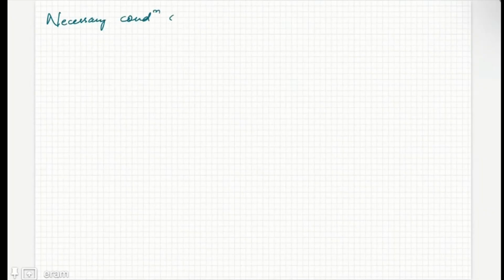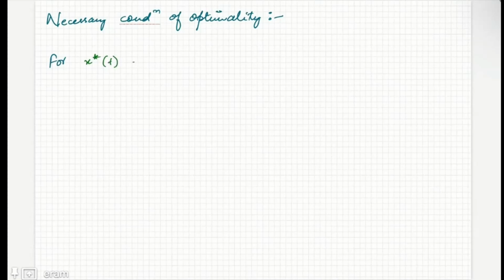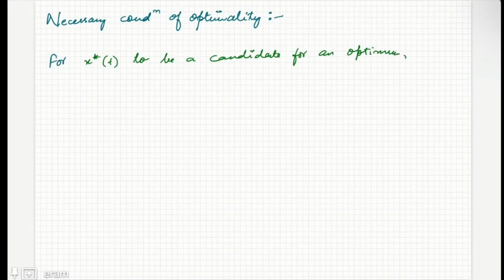For that we have a necessary condition, the condition of optimality, and what it says is that for a point x star to be a candidate for an optimum, its first variation must be 0, or in other words its gradient should be 0.